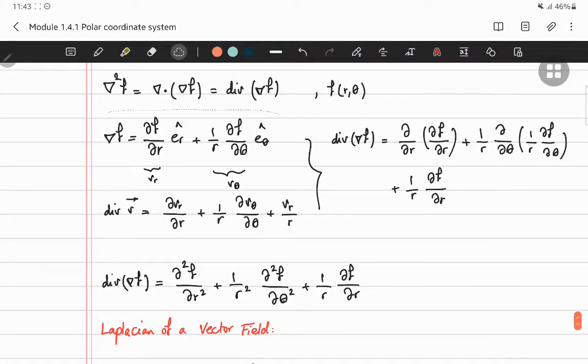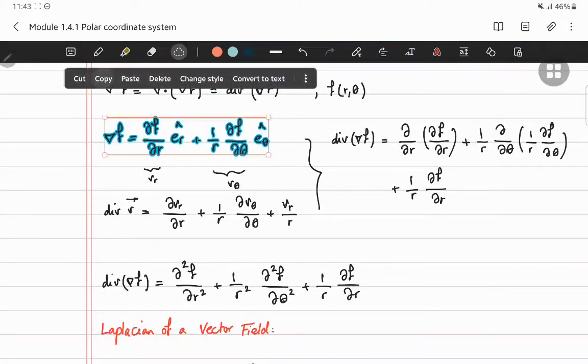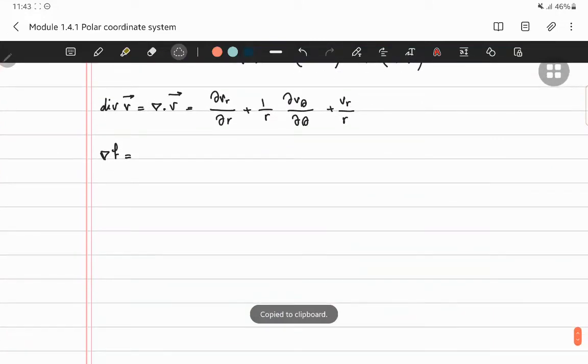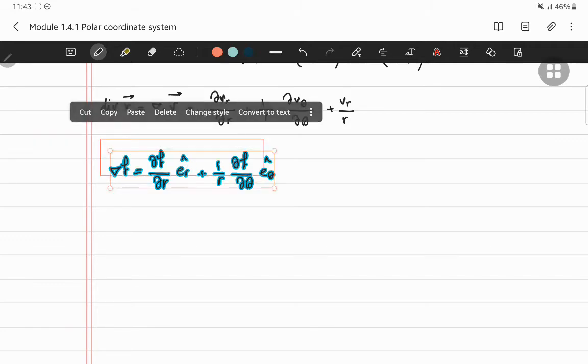So if I just copy this and paste it here.